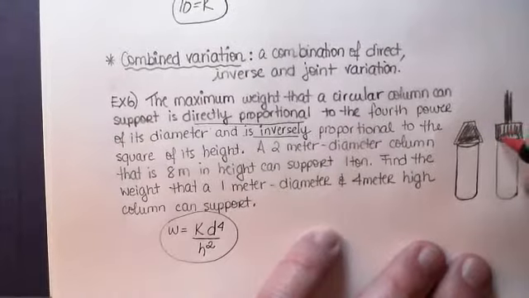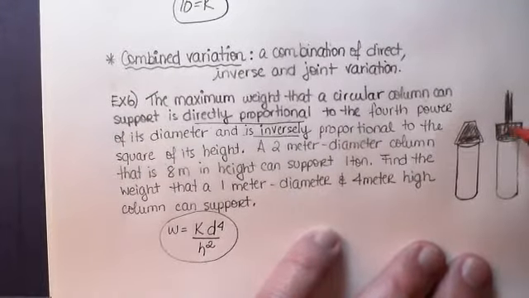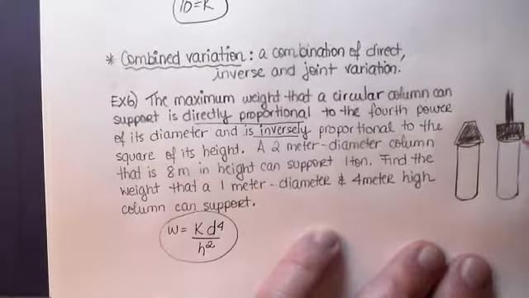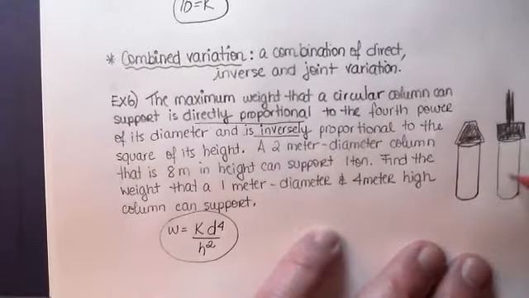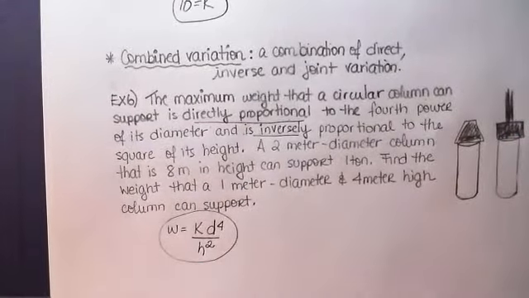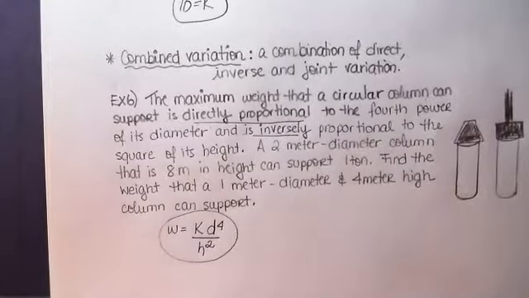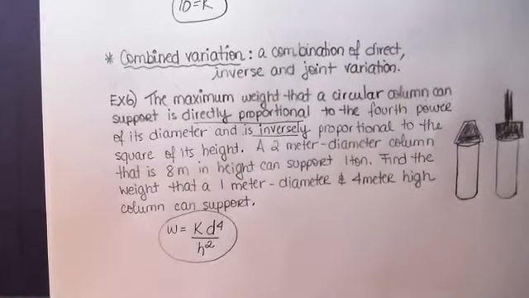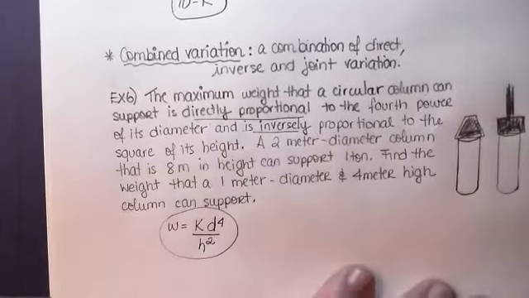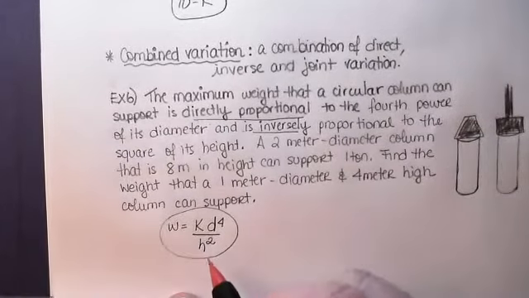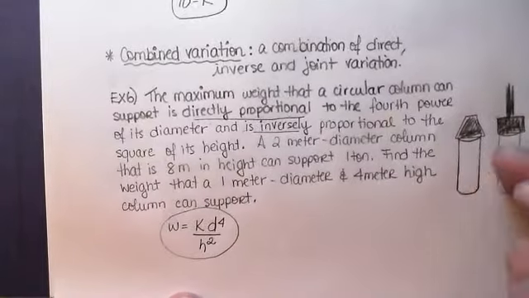And that gives the engineers or future engineers an idea of how to predict which columns would be good for certain bridges and certain construction projects. So basically this problem is talking about this.